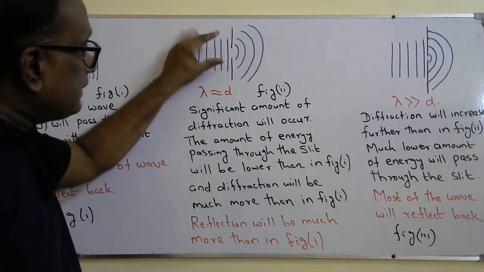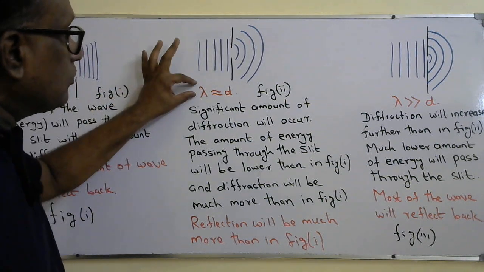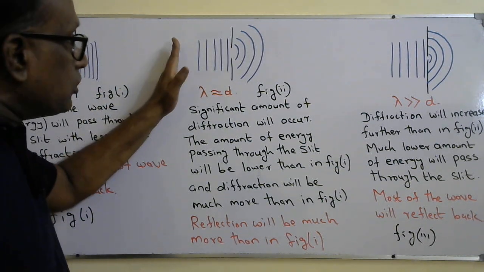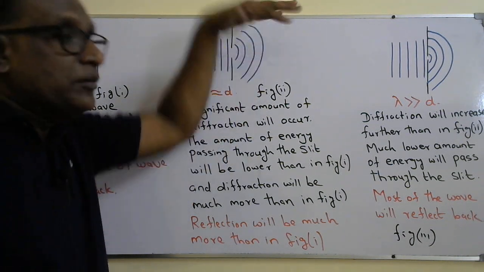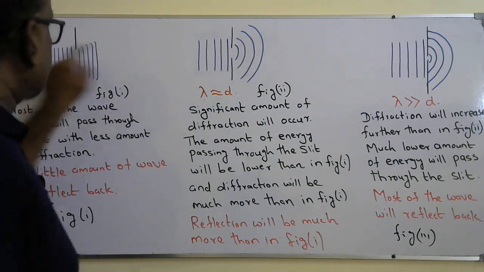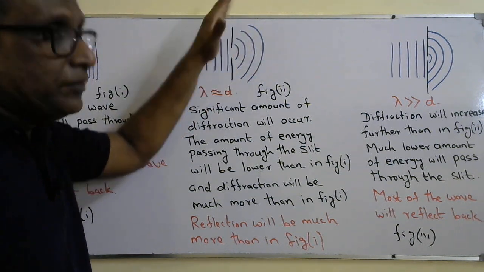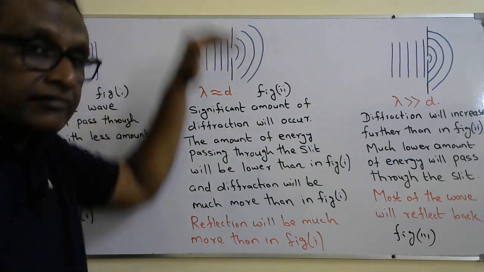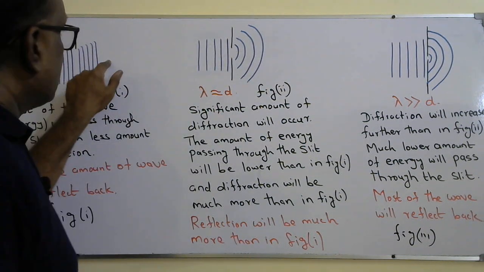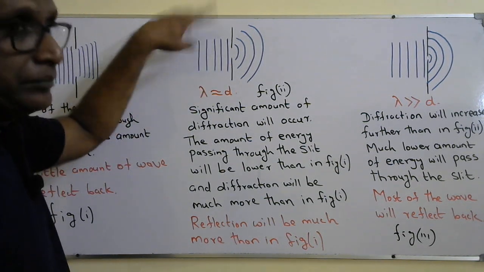Also, the amount of energy passing through in figure 2, when the size of the slit becomes almost equal to the wavelength, will be lower compared to here. If both waves have the same intensity, the amount of energy passing through the slit will be lower because the slit size has reduced compared to here. So what will happen? The balance of energy will be reflected back by the barrier.